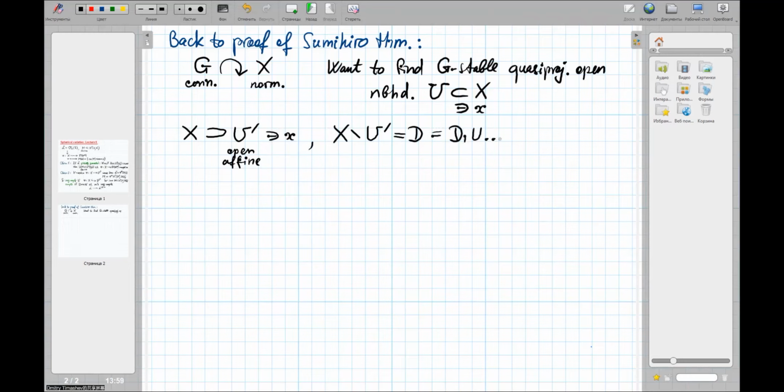I forgot about that. Sorry. But actually, since this statement is local, you may state it even for disconnected normal varieties. We are speaking about neighborhoods, so we may assume X is connected. The open subset of a normal variety is still normal, right? Yes, sure. Normality is a local property.